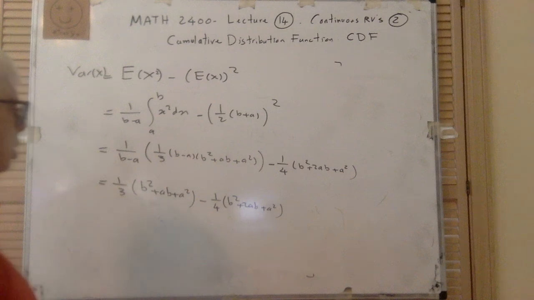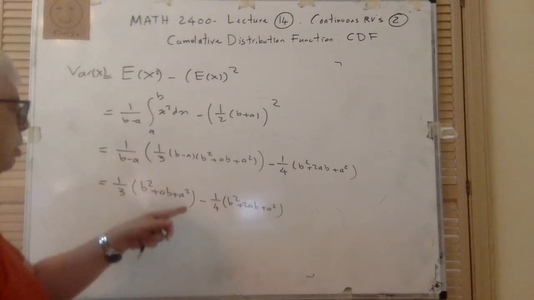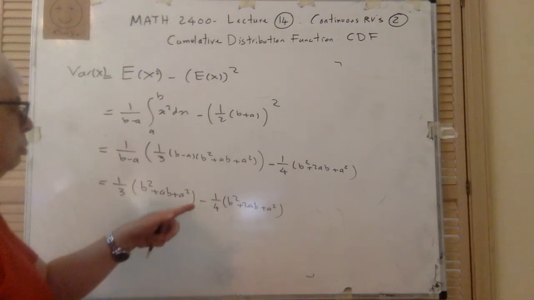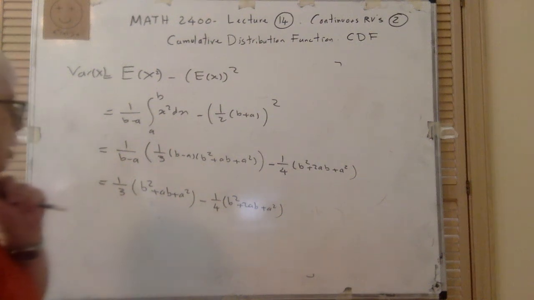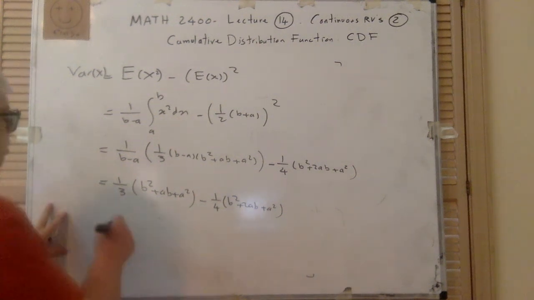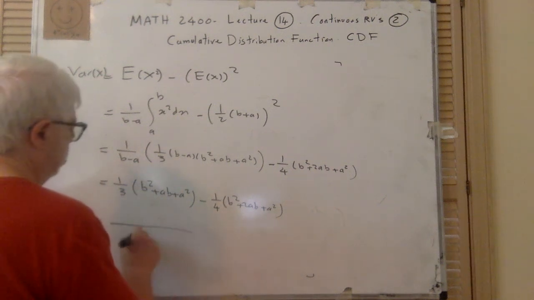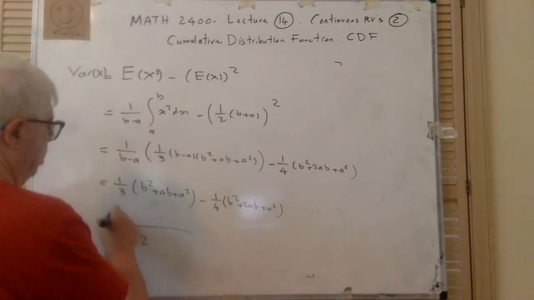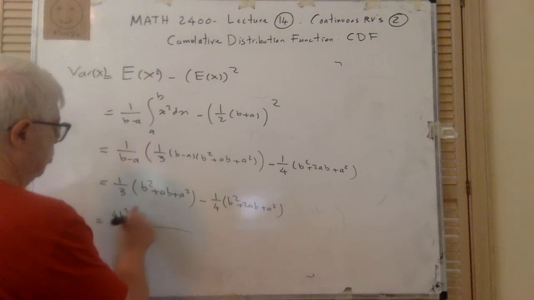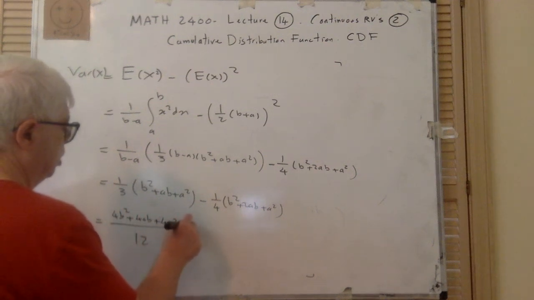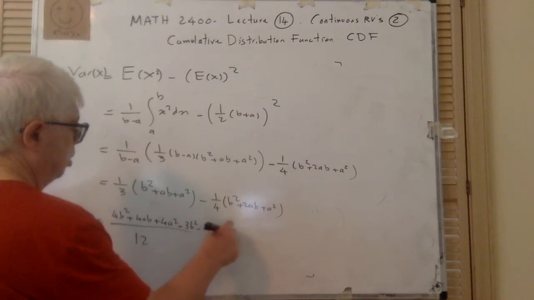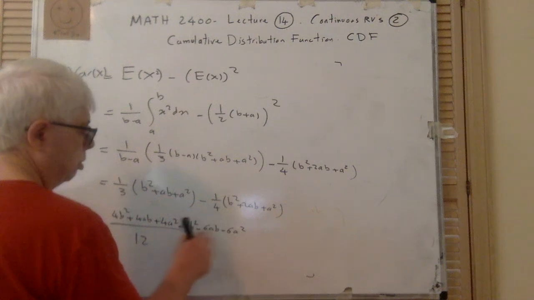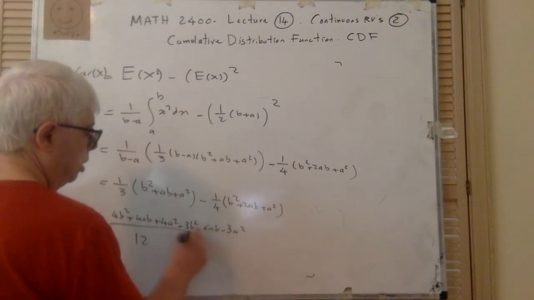The common denominator is 12, and I have 4b squared plus 4ab plus 4a squared minus 3b squared minus 6ab minus 3a squared.